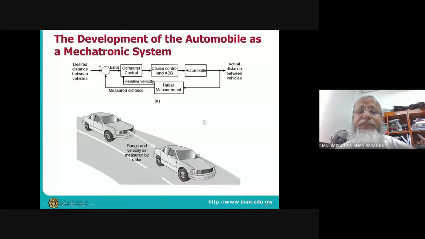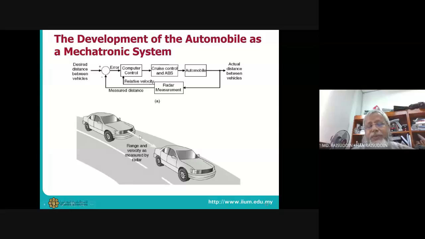And here is a very simple way we are talking about mechatronic systems. So here you can see we are talking about the autonomous car. So autonomous car basically, as if it is like a human, it can see what is in front and what is at the back, or what is on the two sides, the road lanes, everything, and accordingly it can move without accident. So what we need is the input to our car.